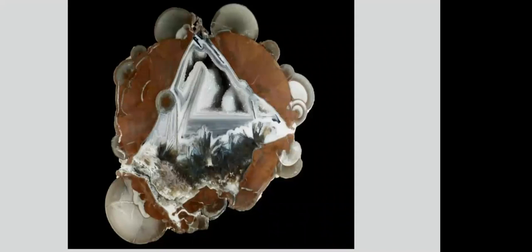It has a quartz crystal chamber. The little feathery stuff down there that you see is magnesium dendrite, and they seep in and just start spreading out until they're finally stopped and solidify themselves. Outside, you have botryoidal agate, meaning round. The botryoidal agate formed on the outside.